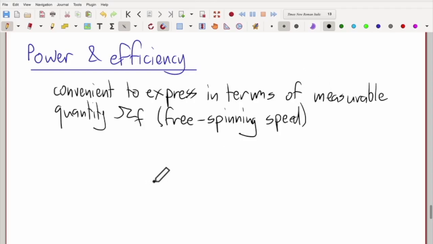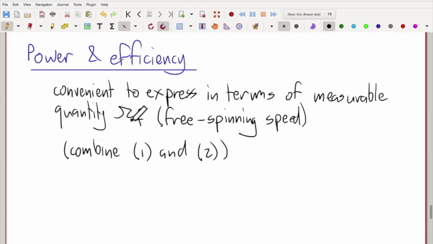So let's combine equations 1 and 2 to derive the torque speed curve in terms of this omega f here.